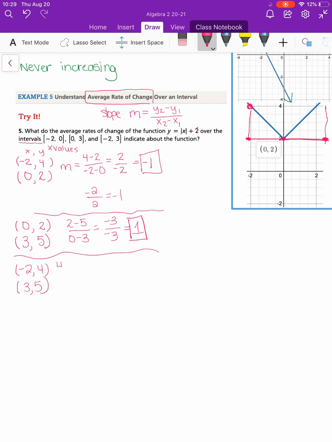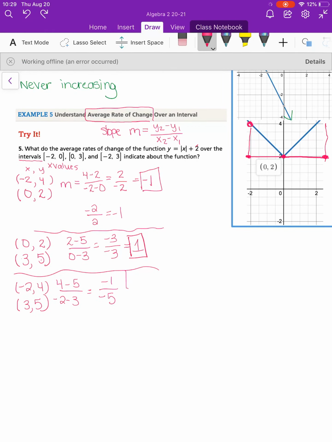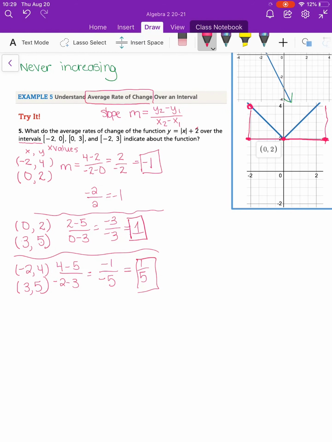Let's do 4 minus 5 over -2 minus 3 is -1 over -5, which is positive 1/5. What the heck? They're all different. When we did slope in Algebra 1, it was always the same.